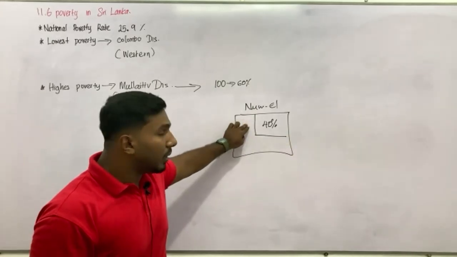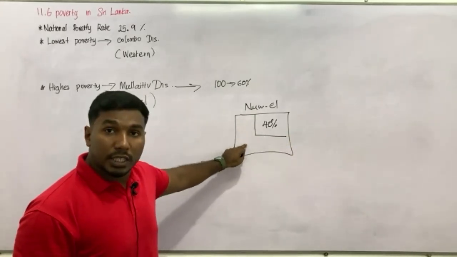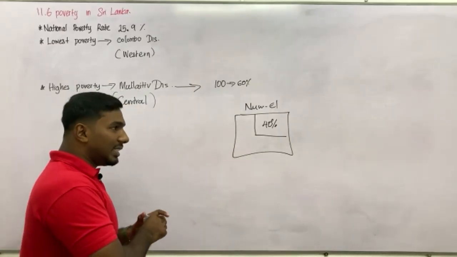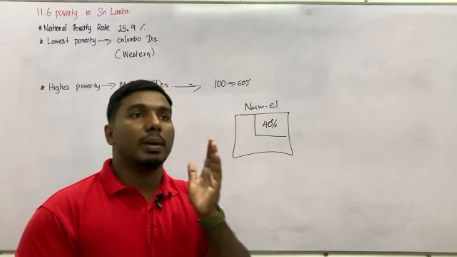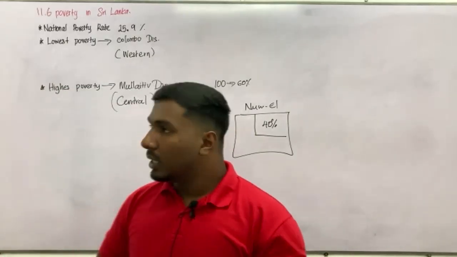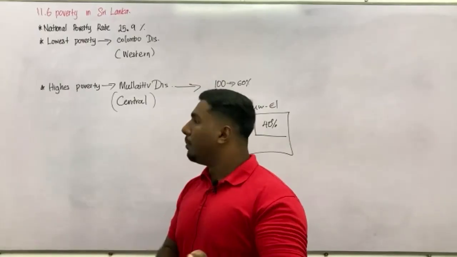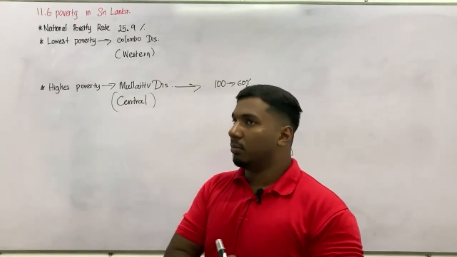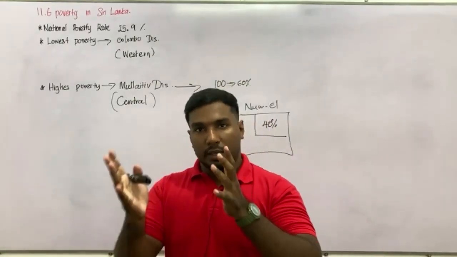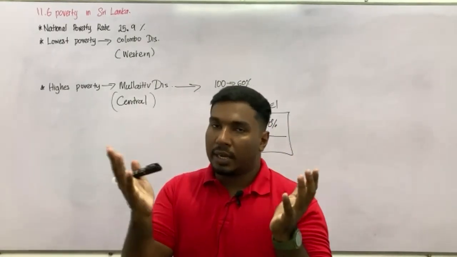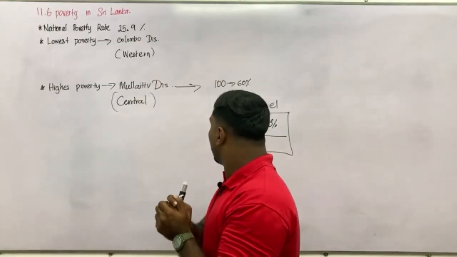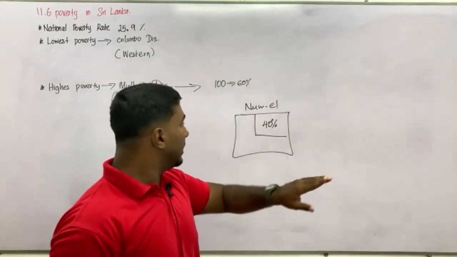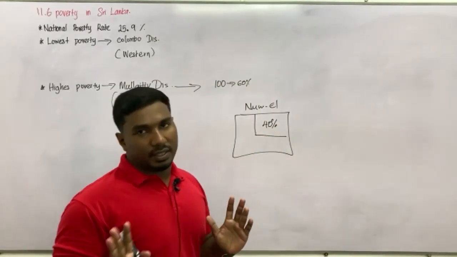The rest are businessmen, hotel owners, estate owners. Nuwara Eliya district itself won't come as the highest poverty rate because the area is developed, and the people there are also developed because of huge tourism. So the people there can have a lot of money. The only poor people in Nuwara Eliya are the real estate sector workers.